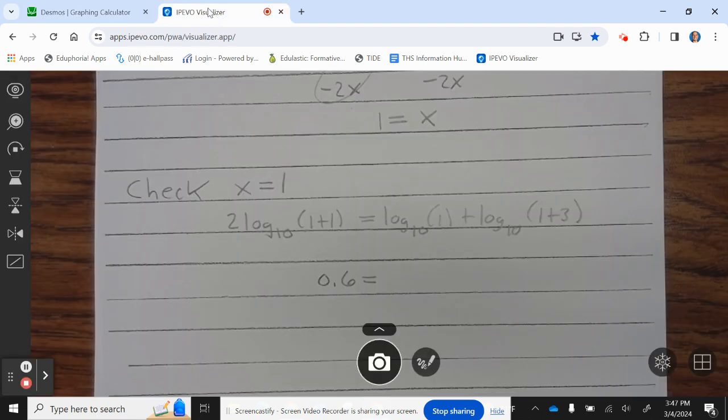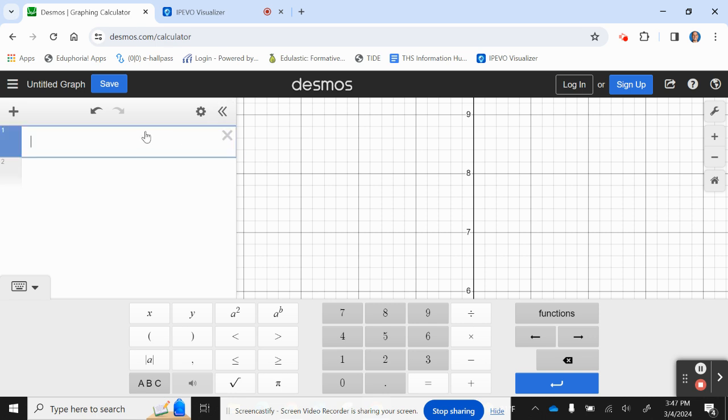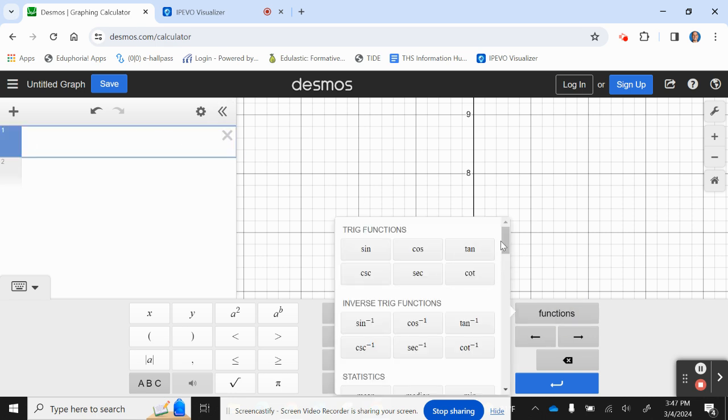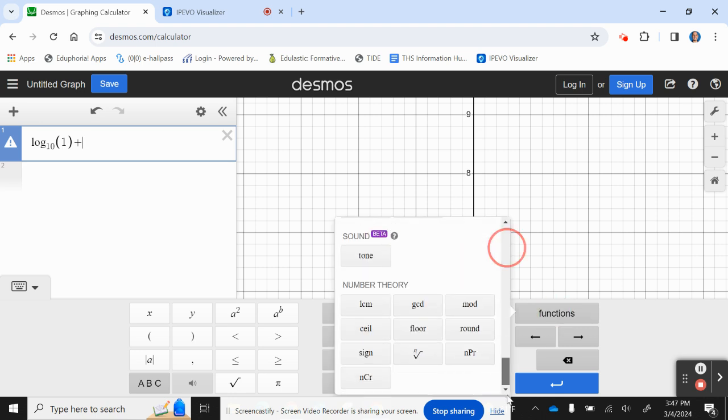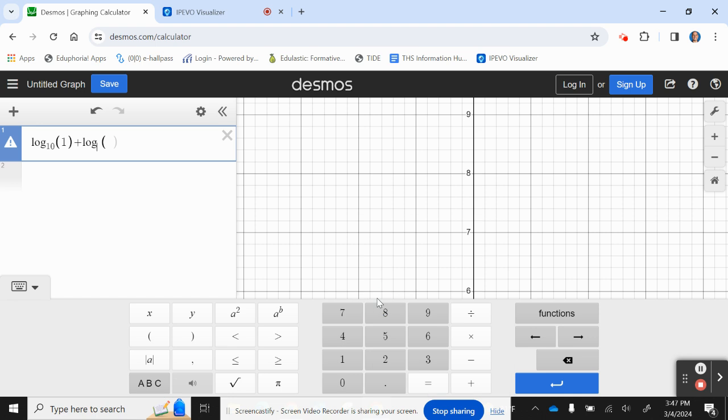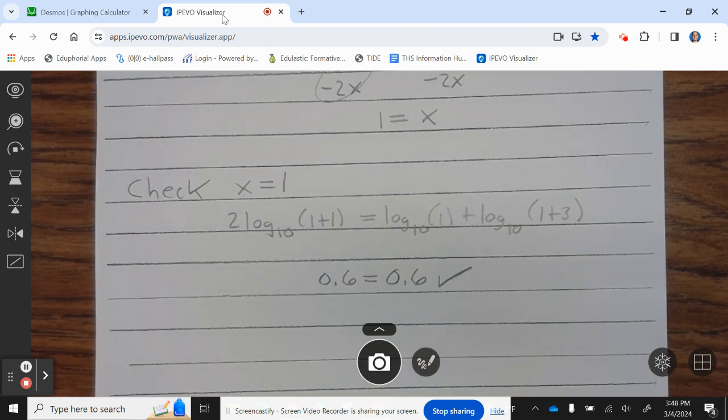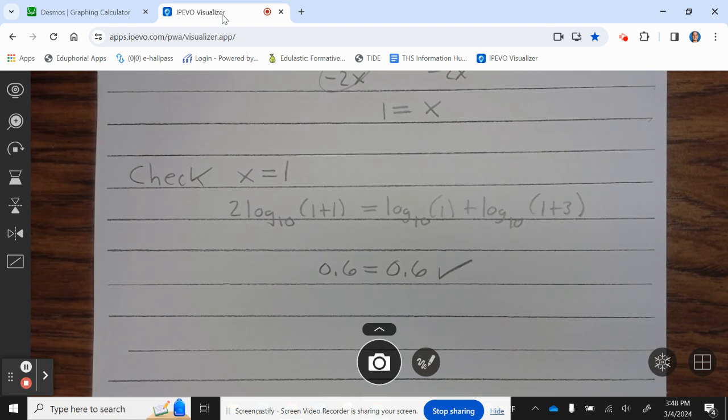All right, let's go ahead and put it in the right side, which rounds to 0.6. It checks, so x equals 1 is a valid solution. Let's take a look at the next page.